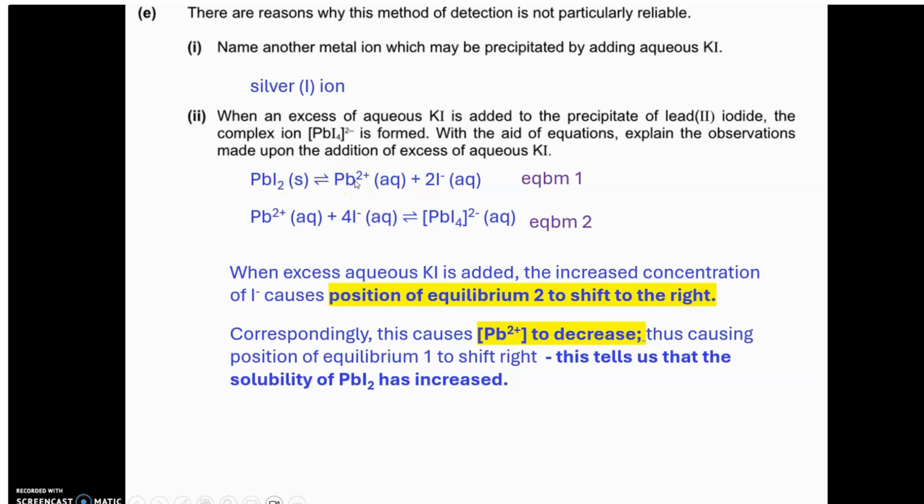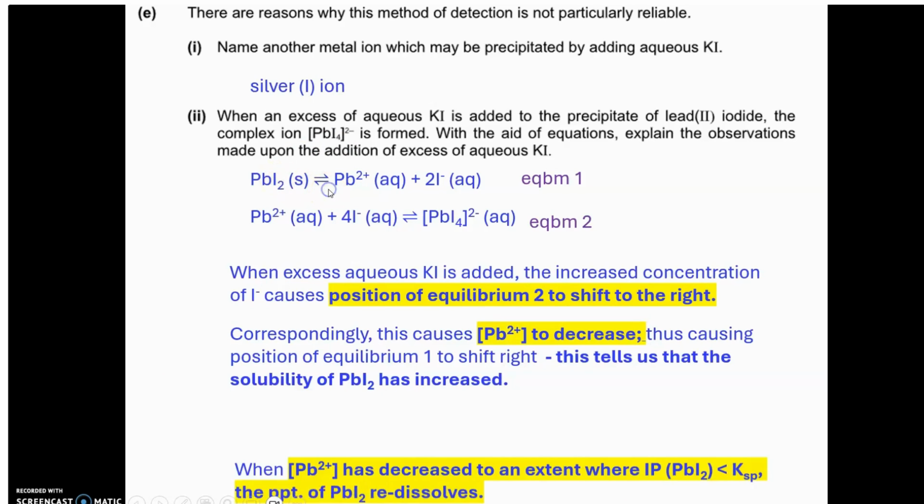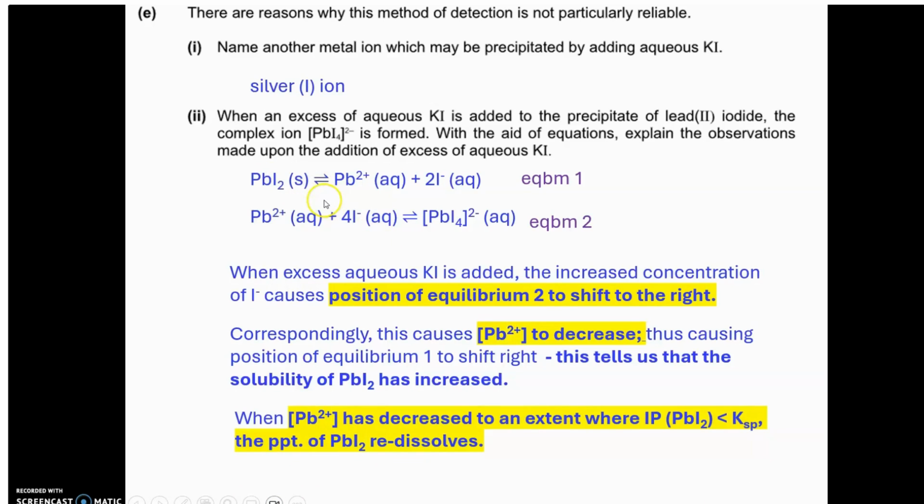So one visible observation that you're going to make is that as you add excess aqueous KI, the precipitate of PbI2 is going to slowly dissolve. When the concentration of Pb2+ decreases to an extent where the ionic product of PbI2 is now smaller than the solubility product value, we will observe that the precipitate of PbI2 will redissolve.